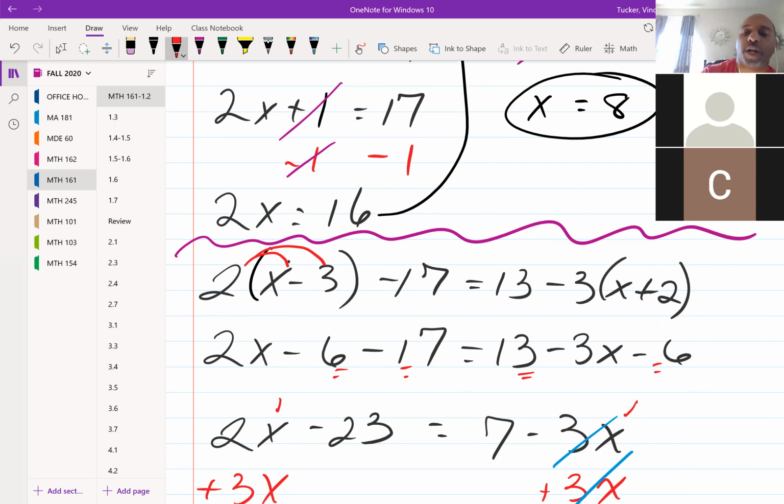And then here, we're not going to just distribute 3, but we will distribute negative 3 into your equation. All right. So the distribution of 2 will be 2x minus 6 minus 17. And we have 13 minus 3x minus 6.